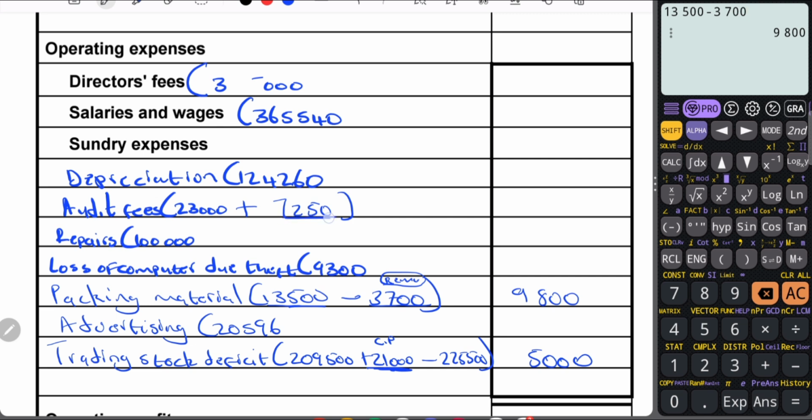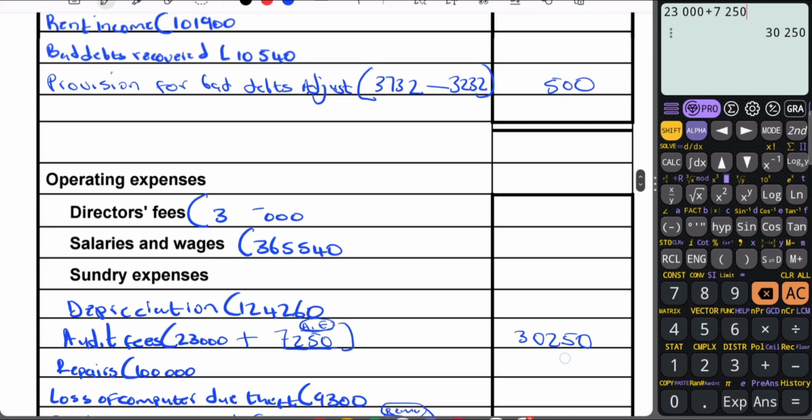Remember guys, this one is an accrued expense. Because it is an accrued expense, it must be recorded under trade and other payables. Then now let's get our total under the audit fees: plus 7,250, it's going to be 30,250. This is our audit fees now.